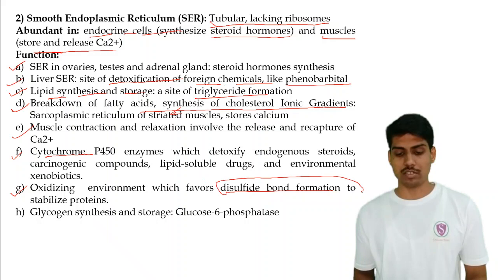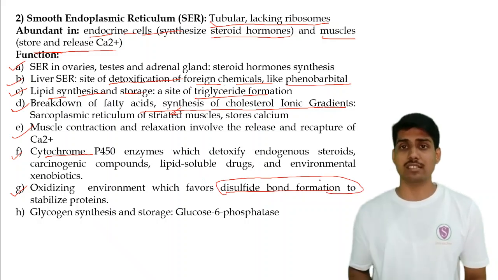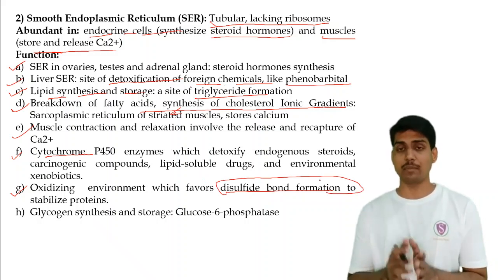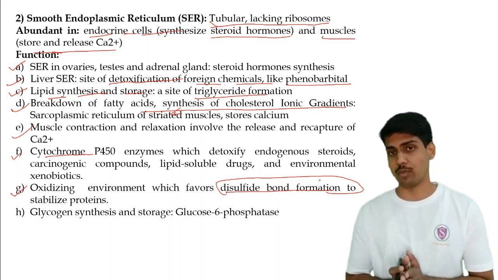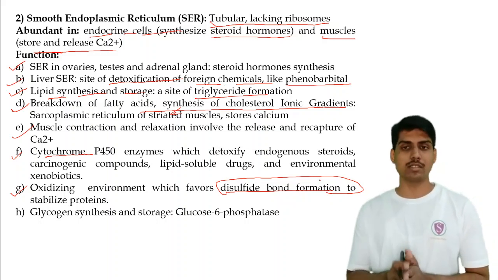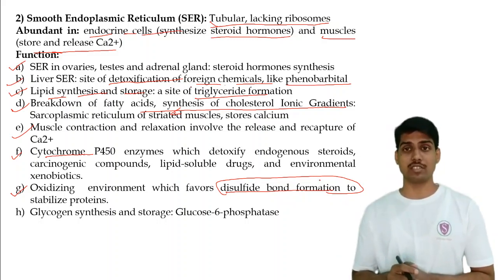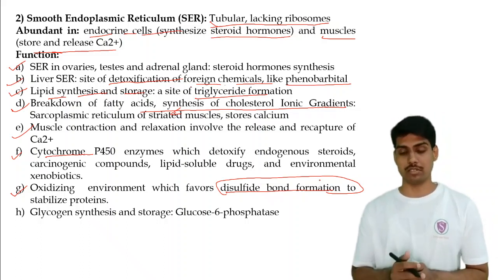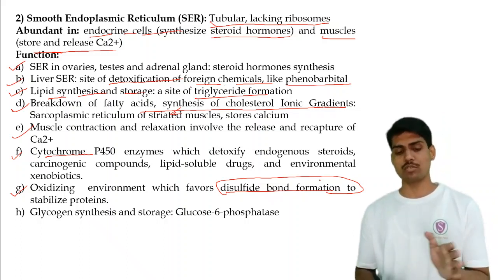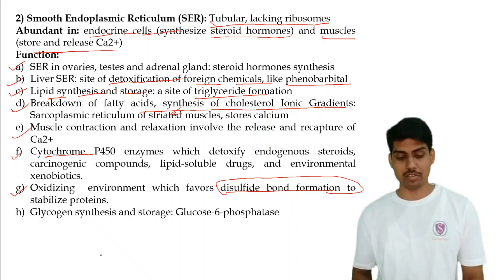See, whenever proteins form inside the cell, they are stabilized with the help of disulfide bond formation. If you have not understood, we will study this in the next lecture, because the next lecture is on protein synthesis. Okay. So for now, just remember all these functions.